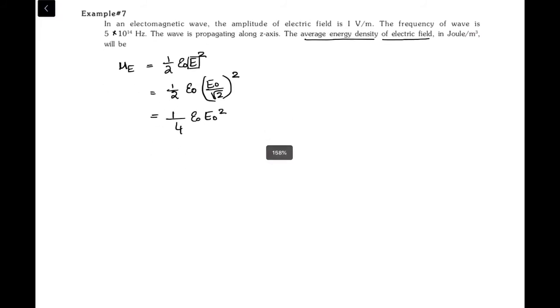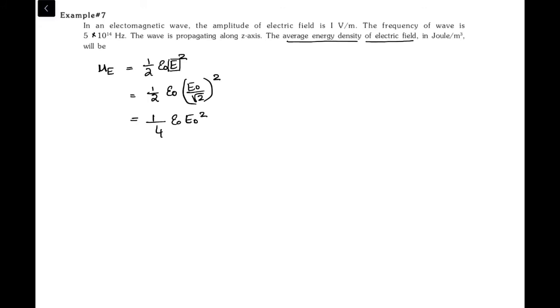That's the first thing we have to notice. So for this question, if you substitute the electric field value and then the epsilon 0 value, you get the answer. We'll do that first. So you get 1 by 4 times epsilon 0, 8.854 into 10 to the power minus 12, into E0 value, which is 1, squared. You get an answer of 2.2 into 10 to the power minus 12 joule per meter cube.